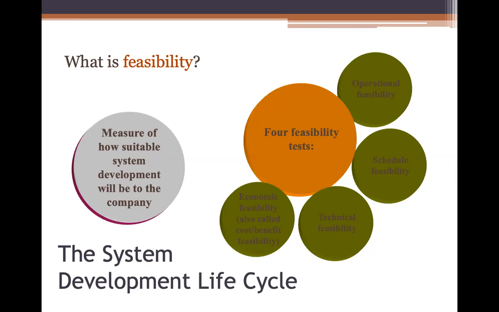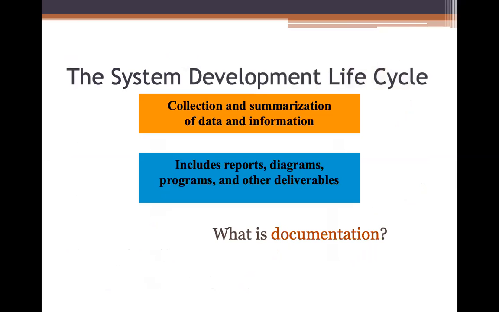Schedule feasibility is whether the whole system can match the whole schedule of the company. And the last one is operational feasibility, whether the system can hold the whole operational procedures or activities inside the company, right?